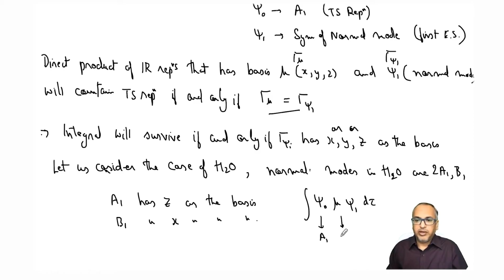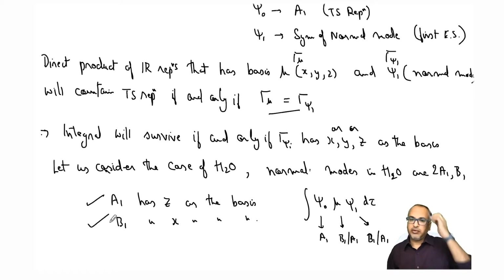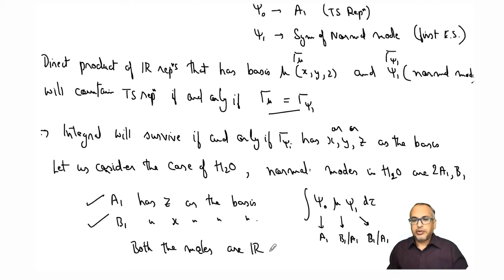Mu will have b1 or a1 depending on whether you are taking the x or z component, and psi 1 has again b1 or a1, depending on which mode you are taking. Now in this case both the integrals will survive. That means this is IR active, and this is also IR active, right? So both modes are IR active.